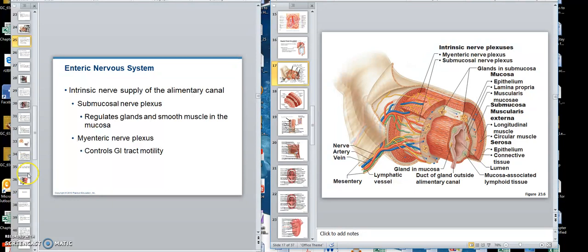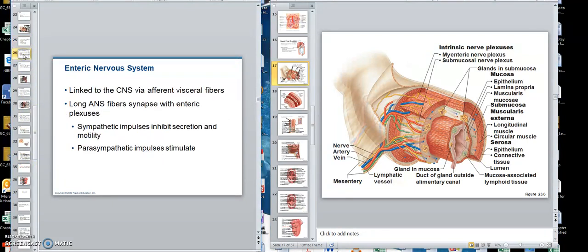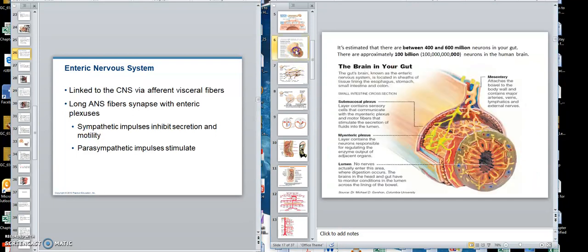Okay. All right. So it's linked to the central nervous system. The central nervous system comes in and gives control over operating, but the mesenteric plexus can operate independently, but it's upregulated or downregulated by the autonomic nervous system.